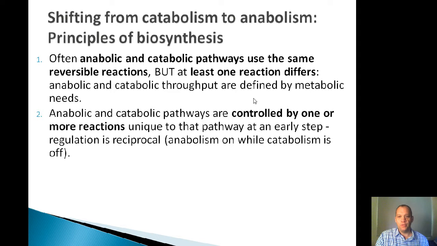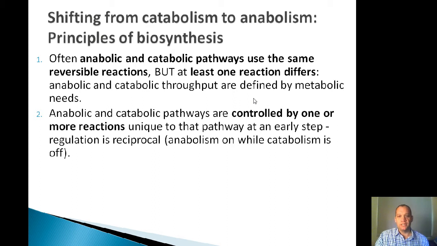And this control has to be reciprocal, which means that when anabolism is switched on, catabolism must be switched off. Now, we did say in an earlier lecture that anabolism and catabolism are not mutually exclusive, which means that, for example, glycolysis, a catabolic pathway, can take place at the same time that certain amino acid synthesis pathways, which are anabolic processes, take place.